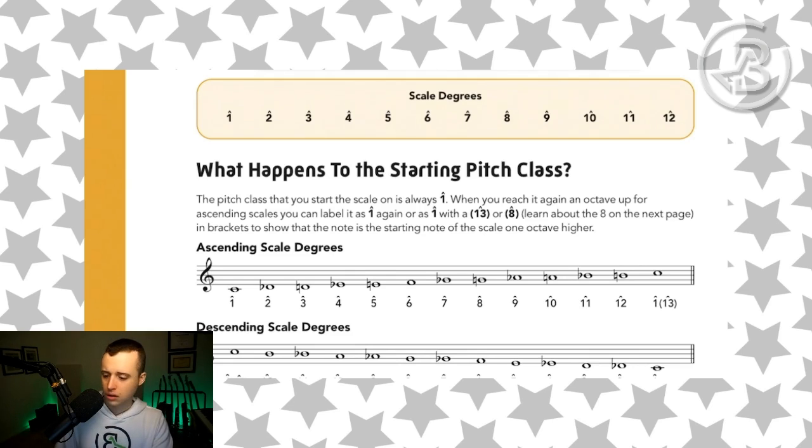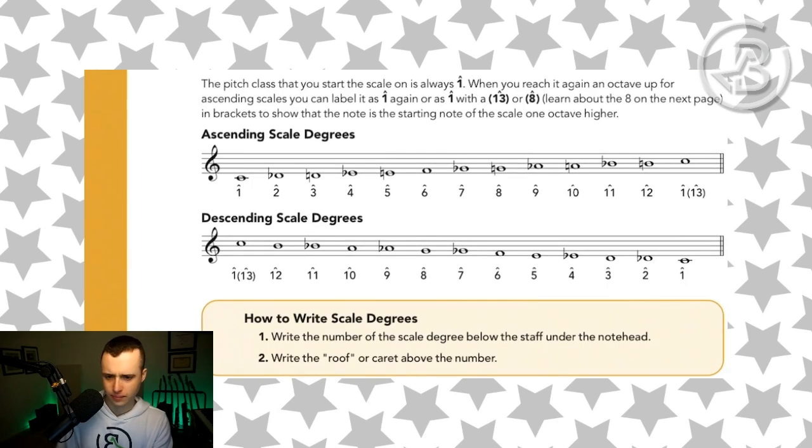So let's talk a little bit more about what happens when notes are repeated in a scale, because as we know, every scale starts and ends with the same pitch class 1 octave apart, either ascending or descending. So here's the question. We have 12 notes in a chromatic scale. It's a dodecatonic.